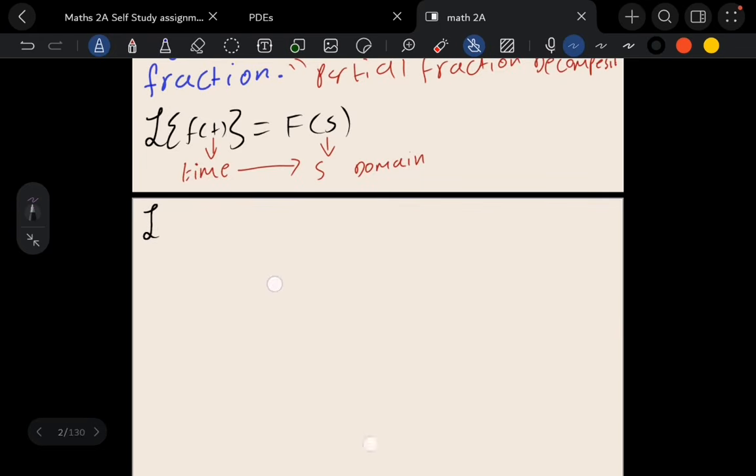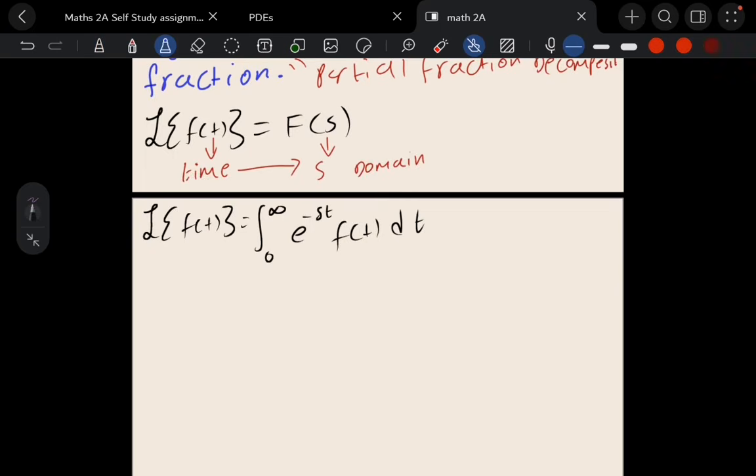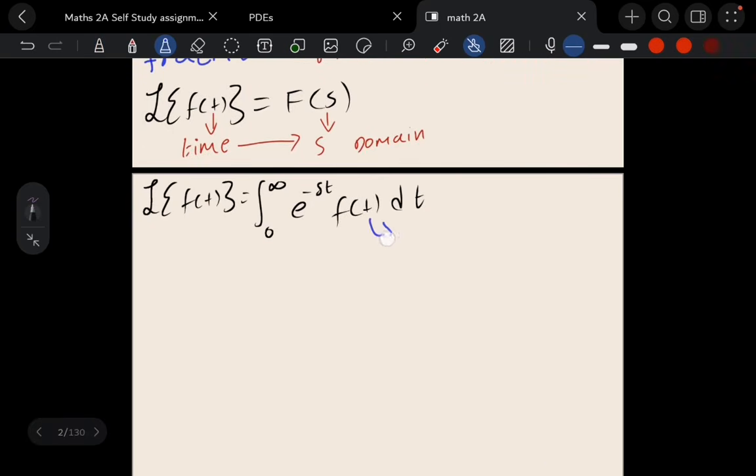What you need to know is that the Laplace transform of f of t is an improper integral from 0 to infinity of e to the power negative st of f of t dt. One thing that you need to know here is that your f of t must be of exponential order.